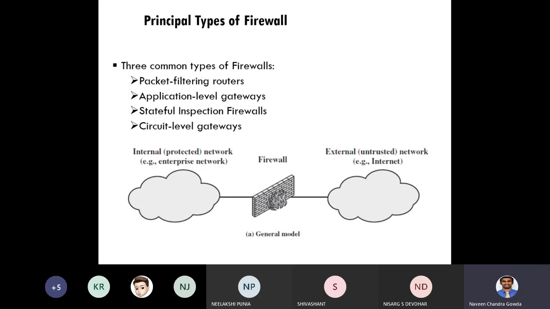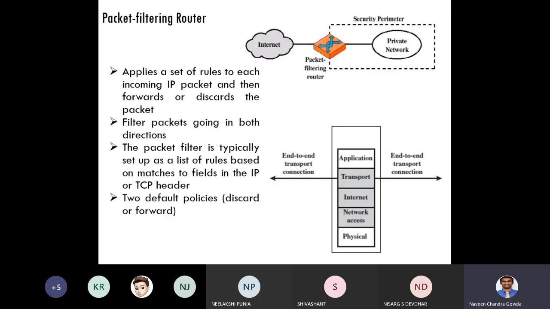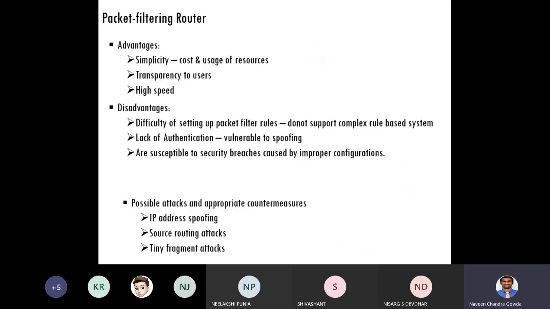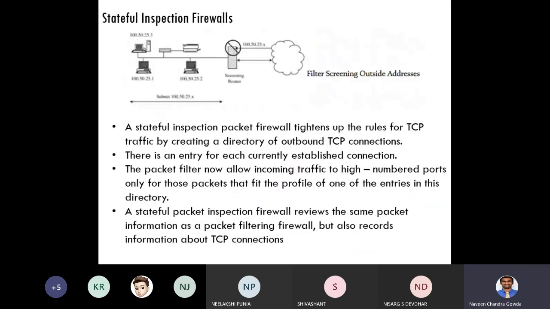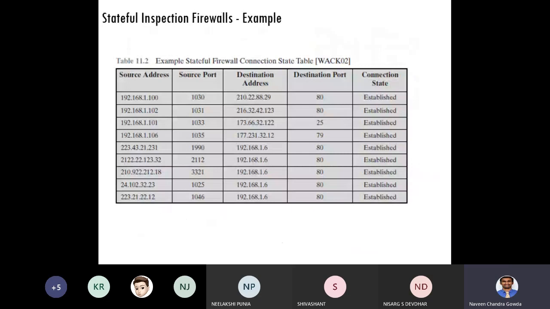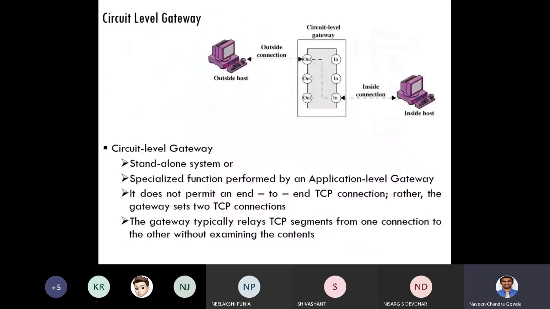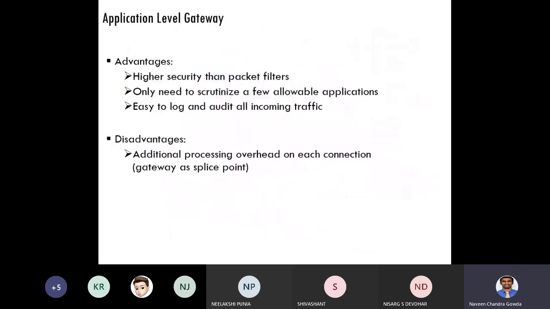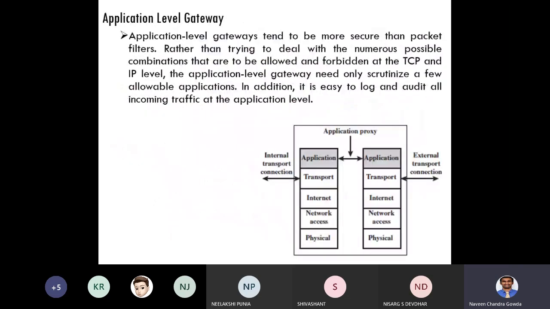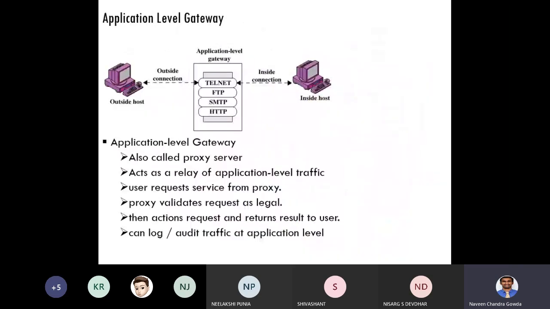With packet filtering and stateful inspection dealt with in the last class, today let us take up the application level gateway. Remember, this application level gateway and the next one, the circuit level gateway, both happen at the gateway level, which is higher than your router.